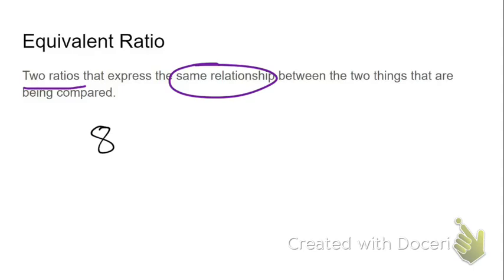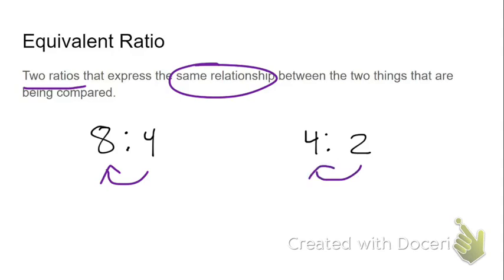Remember, we had a ratio and we created another one. So earlier we had 8 to 4 as a ratio, and we created an equivalent ratio 4 to 2. The key thing is the same relationship. That's what I talked about earlier. You see how that second number is half of that first number? In both cases, that's why they're equivalent.